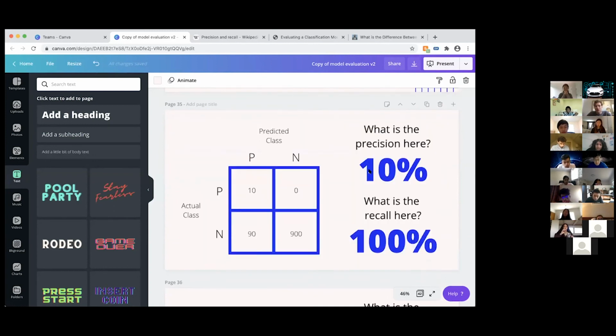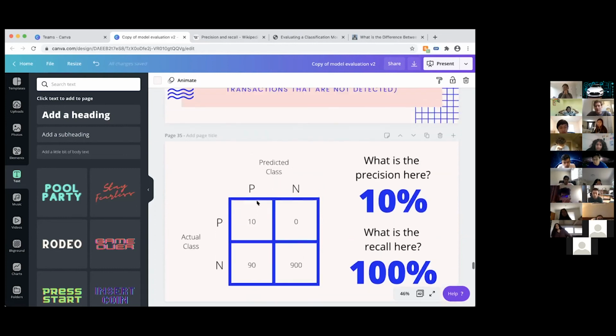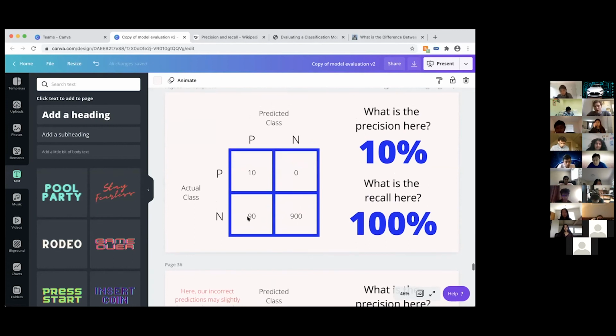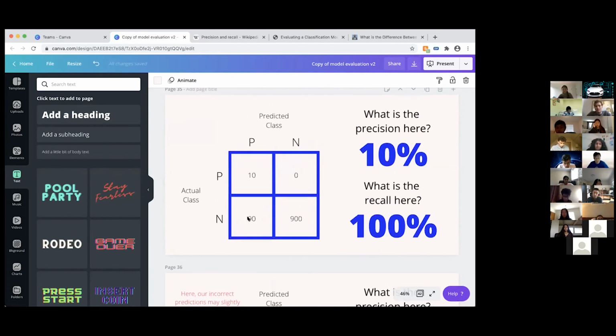Let's switch the numbers around and do a few more hypothetical situations, right? So let's say this is what we have here, with fraudulent cases. So maybe now we still have 10 fraudulent cases, but we are correctly predicting all of them as fraud, right? But maybe now we're also having a lot of false positives.